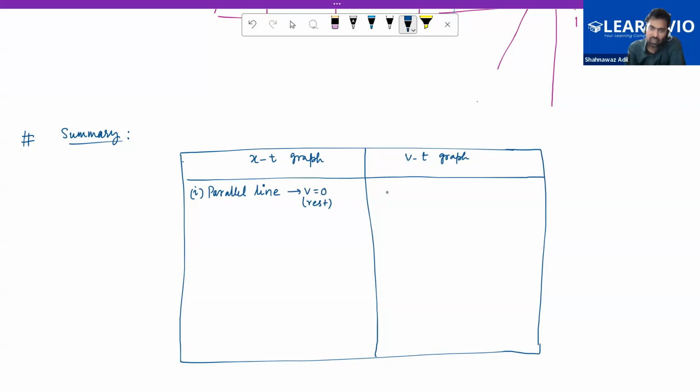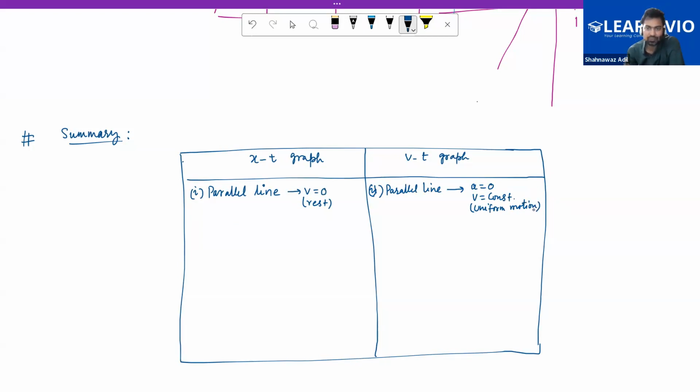Yes. In the VT graph, a parallel line represents a equal to 0, which is v equal to constant, which is uniform motion.